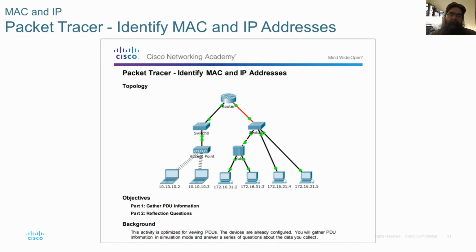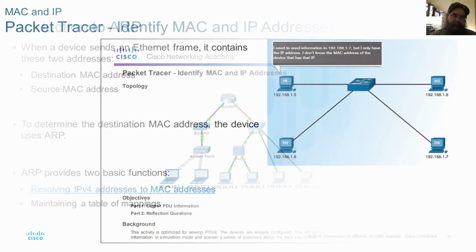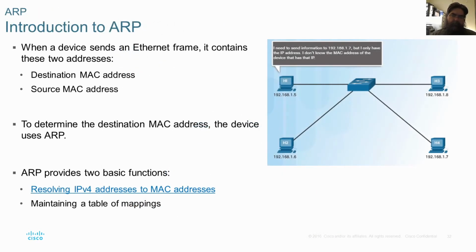And we'll use Packet Tracer in this lab to identify corresponding MAC addresses with IP addresses. Now, you can build those tables up manually, but it's not as efficient as doing it automatically.